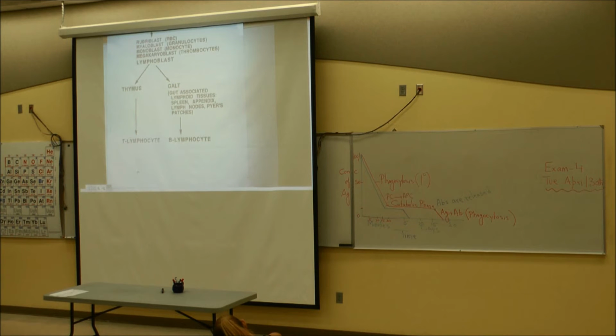Cyte is cell, mature cell, T lymphocyte. If lymphoblast enters into GALT, gut-associated lymphoid tissues, spleen, appendix, lymph nodes, Peyer's patches that are in small intestine, specialized tissues in small intestine, they become B lymphocyte.